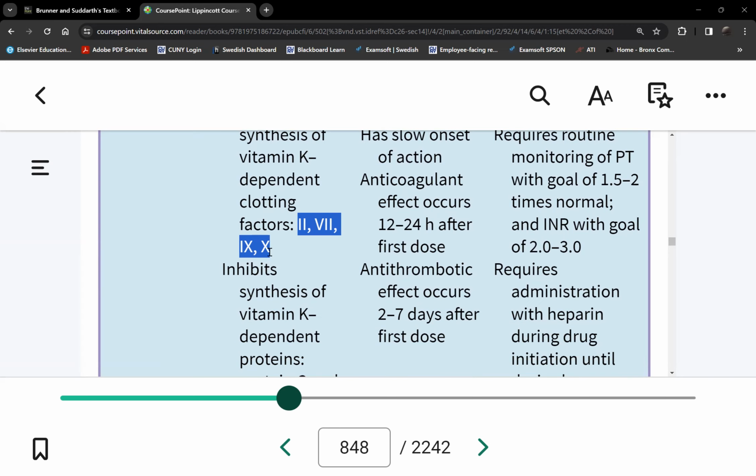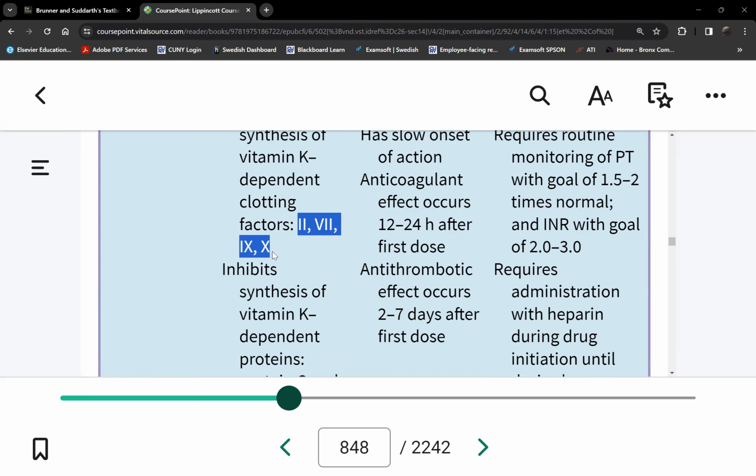Again, factors 2, 7, 9, and 10 are vitamin K dependent clotting factors. Meaning, if you inhibit vitamin K, the liver cannot produce these 4 clotting factors.